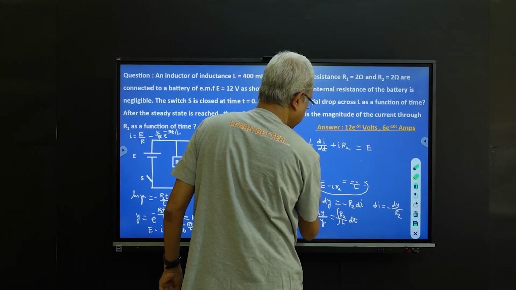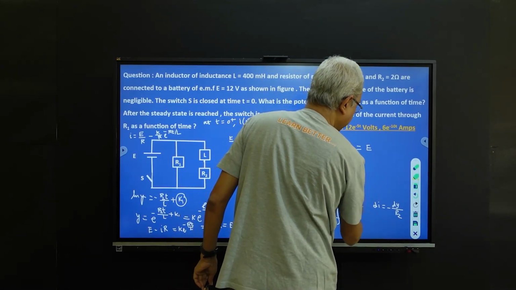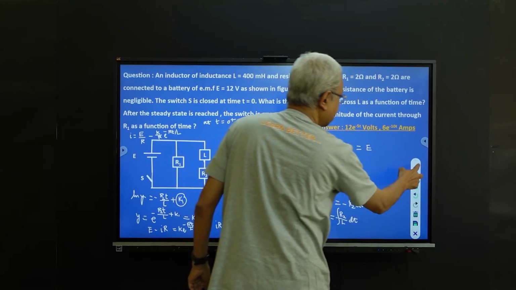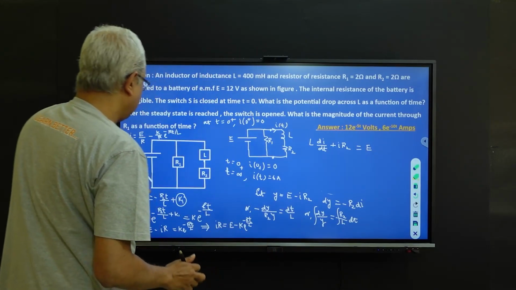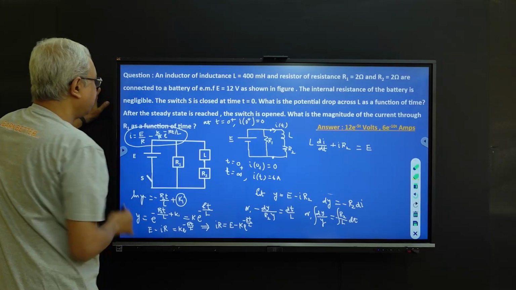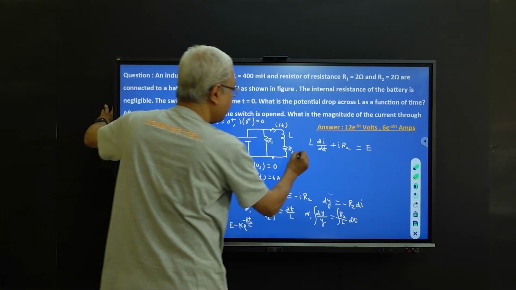Let me write the differential equation as it is, and apply the initial conditions. So in this expression, if I put t equal to 0 plus, then I is equal to 0.